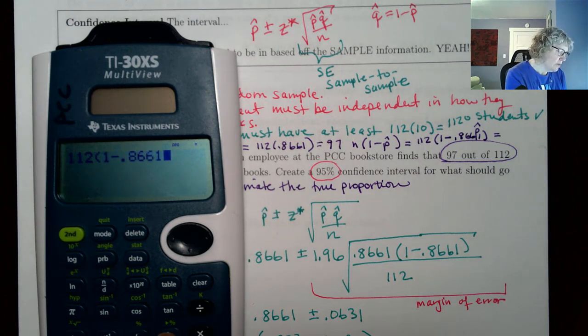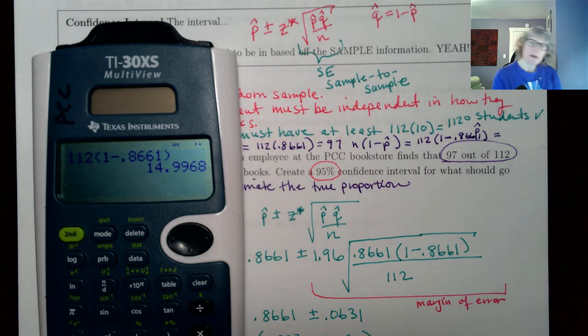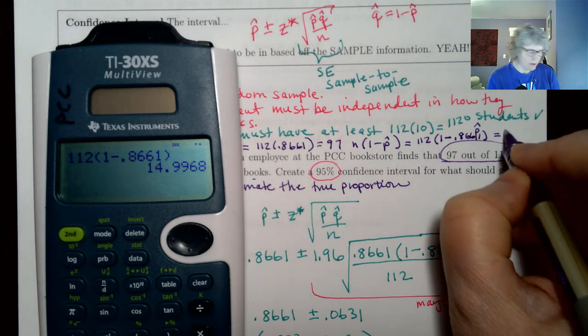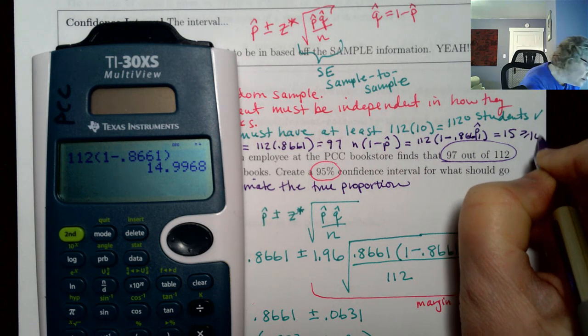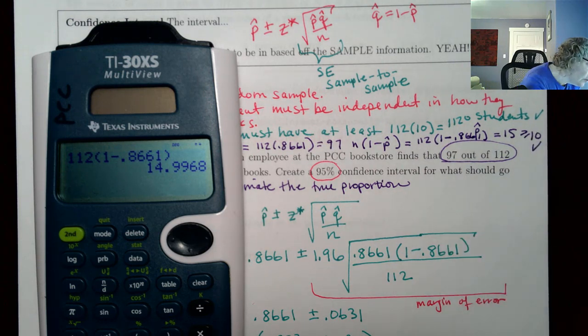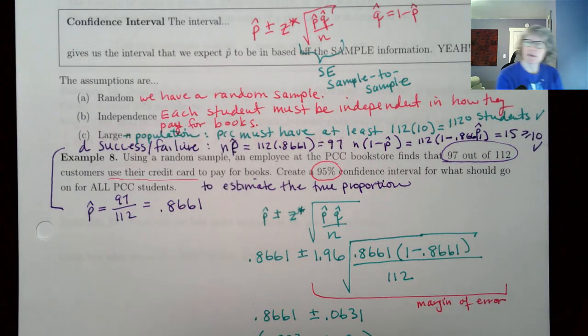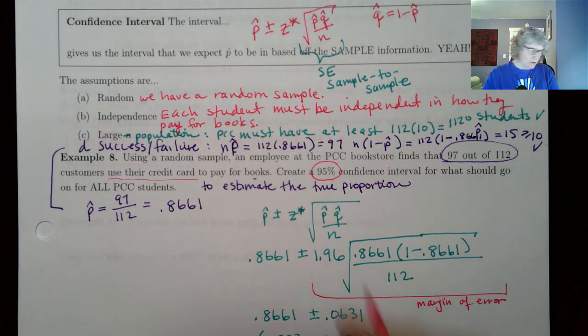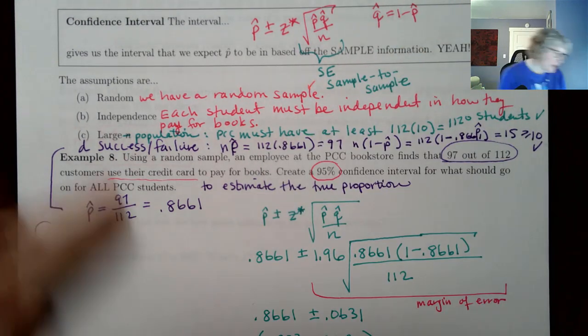That is 14, almost 15. So I'm just going to round up to 15. It's definitely over 10, so that's what we're looking for. 15, these are both greater than or equal to 10, so I'm going to check that off as well. Okay, so really 3 of them we're checking off.